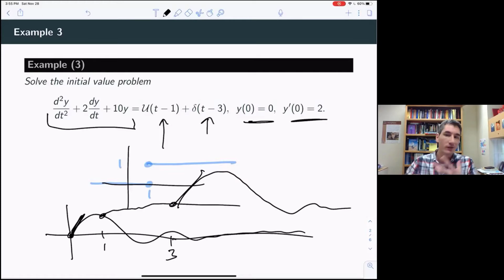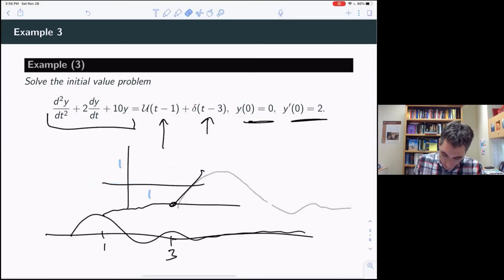So this solution is going to be some combination of a bunch of different functions, accounting for the initial conditions, that force that turned on at t equals 1, and then that change in velocity, but that's going to eventually die away. That'll be a transient term. And so in the end, we should asymptotically come close to just the particular solution, essentially, in response to the forcing term.